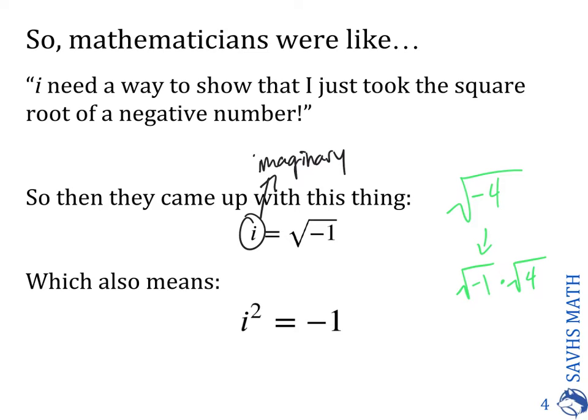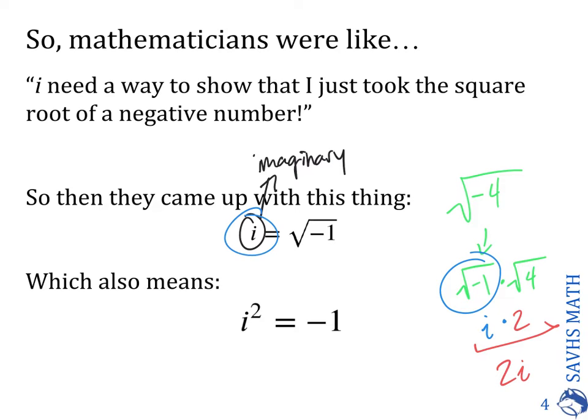I know that the square root of negative 1 is i, so I can write i, and we usually write it in kind of cursive, but don't worry about that too much. i times the square root of 4, which is 2, because 2 times 2 is 4. So we can rewrite this as 2i, because we usually just write the letter second.